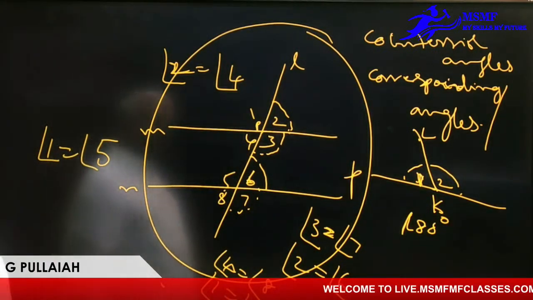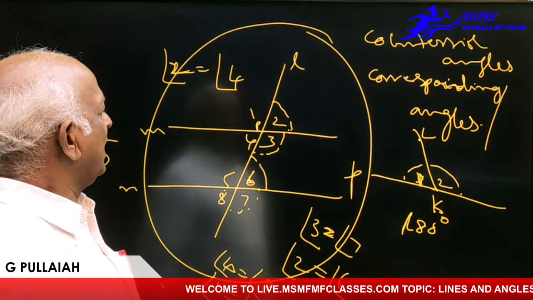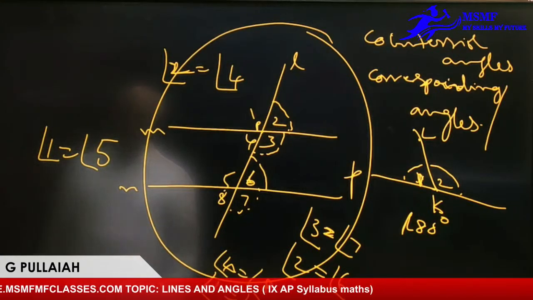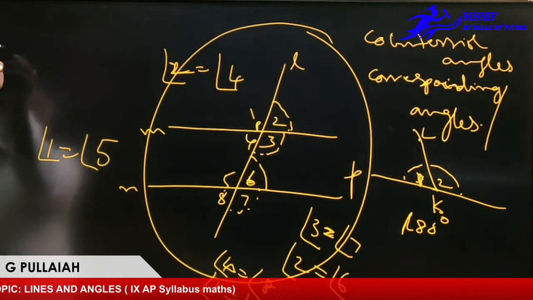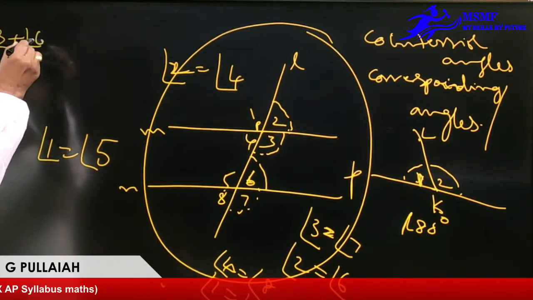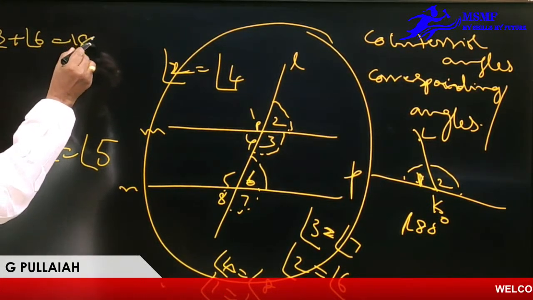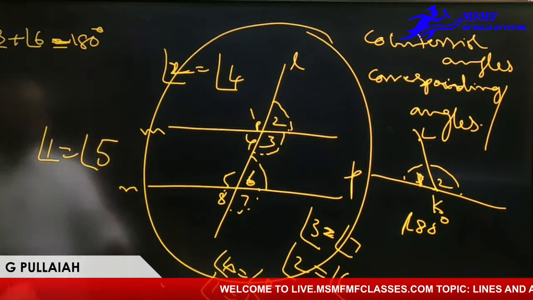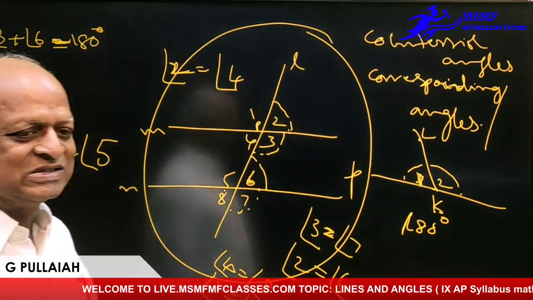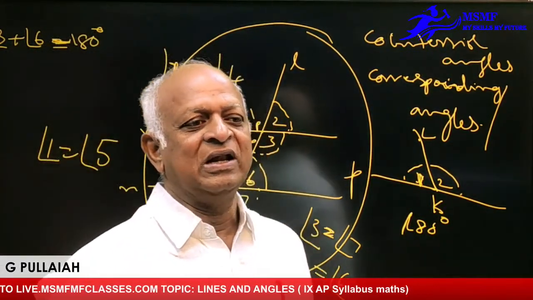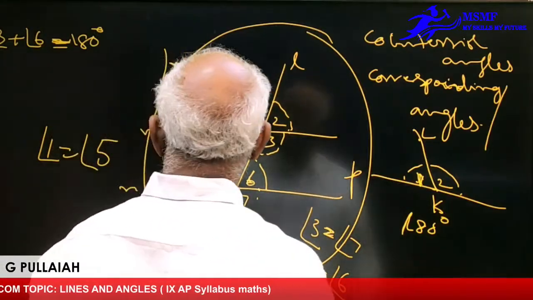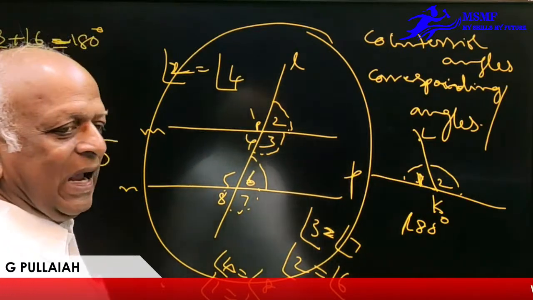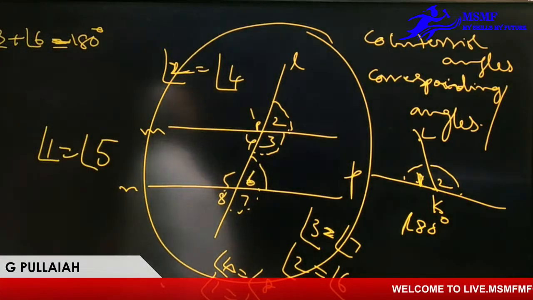Now let us see how we can prove angle 3 plus angle 6 is equal to 180 degrees. Now this concept is nothing but the sum of the interior angles on the same side of the transversal are supplementary. Remember the word very carefully, supplementary here. Now we have to prove that angle 3 and angle 6 are supplementary.